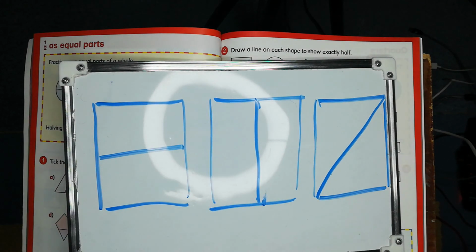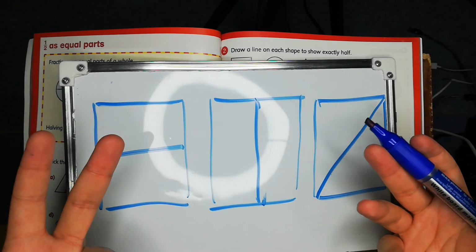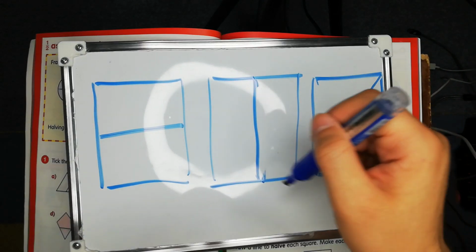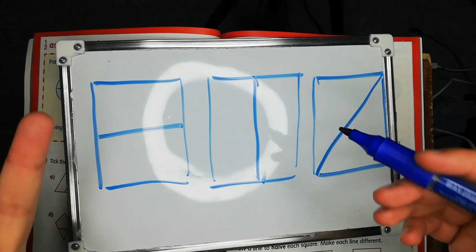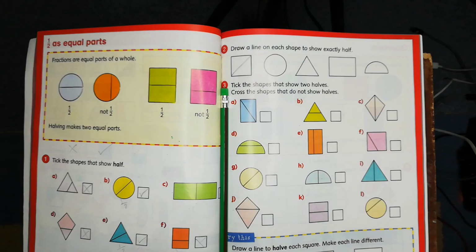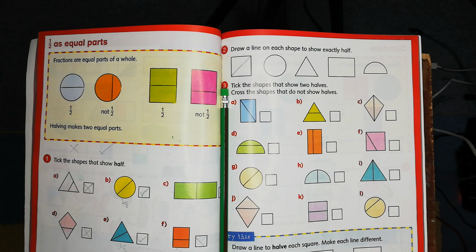These two sides are equal. So if I draw a line and make them into halves, all of these sides are equal. So it doesn't matter whether it's like this, or like this. As long as it makes 2 halves of equal size, then it is a half. Okay, great. Now let's move on.